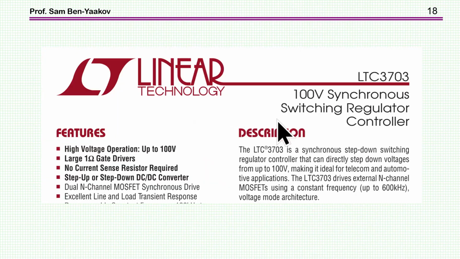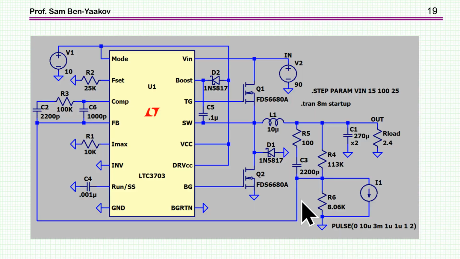So now let's have a look at a commercial unit, and this is LTC3703. It is a voltage mode architecture. That is what we are talking about, the voltage mode converter. So here is a test circuit of this controller, suggested by Analog Devices. What I did, I have added here an excitation, injecting current into this point.